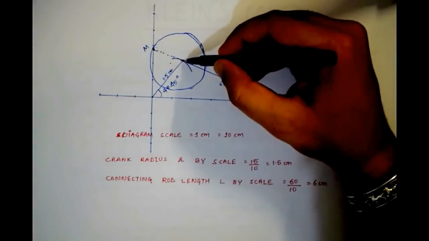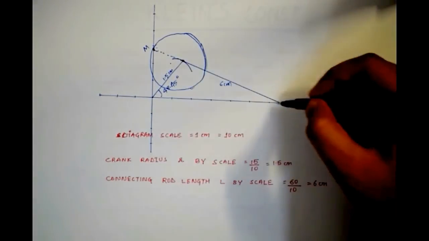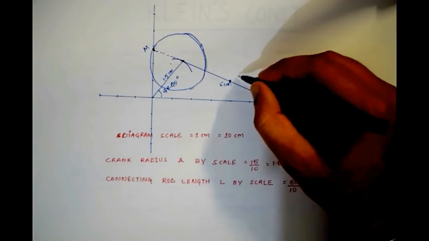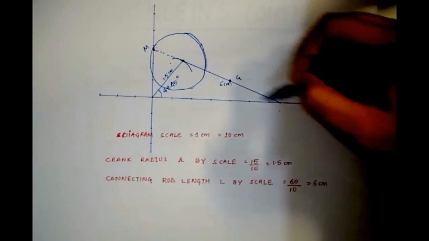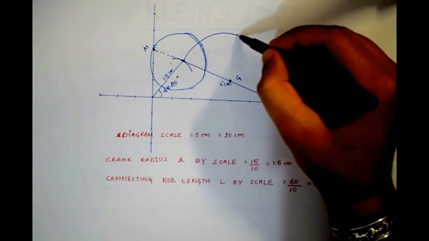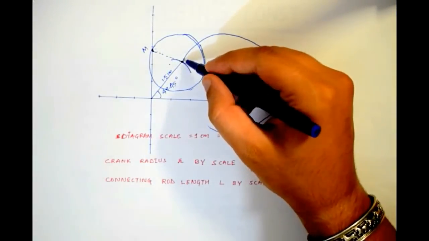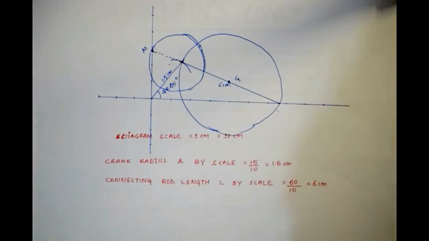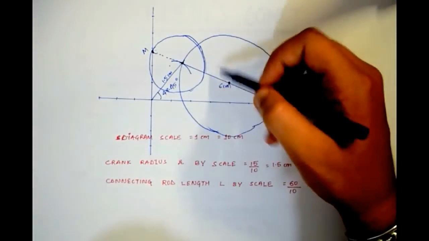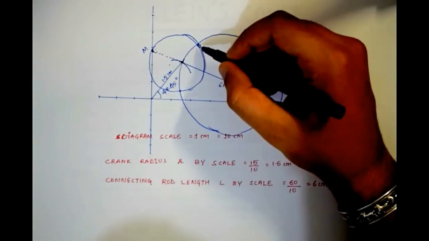Now considering the connecting rod length as the diameter of a circle, the center of this rod is suppose here, and we are giving this center the name G. So considering this as a diameter of a circle, we will draw another circle here. Here is the other circle. Now we can see these two circles intersect at these two points. Now we will join these two points.